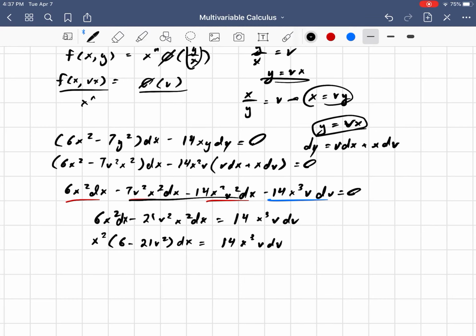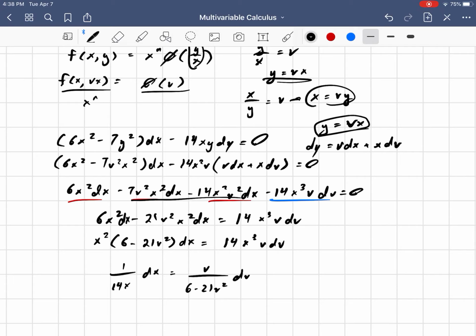Now you really should be seeing it's separable. So x squared over 14x cubed dx is v over 6 minus 21v squared dv. And I'm going to just write this as 1 over 14x dx is v over 6 minus 21v squared.